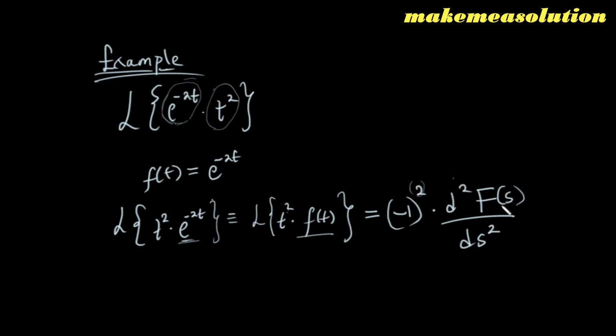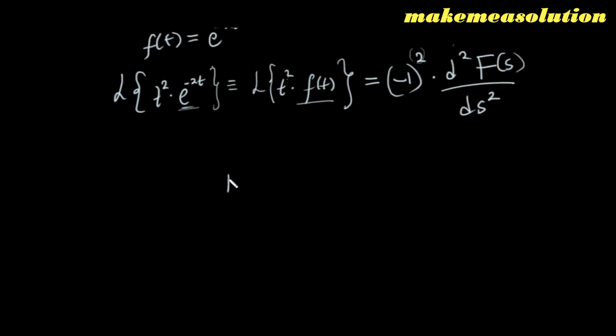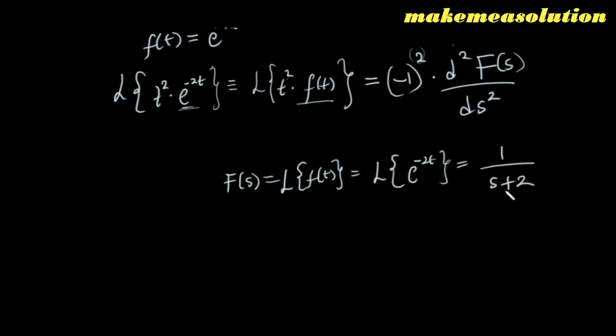So where is this F of s going to come from? F of s will be the Laplace transform of f of t, which in this case is the Laplace transform of exponential minus 2t, which is 1 all over s plus 2.